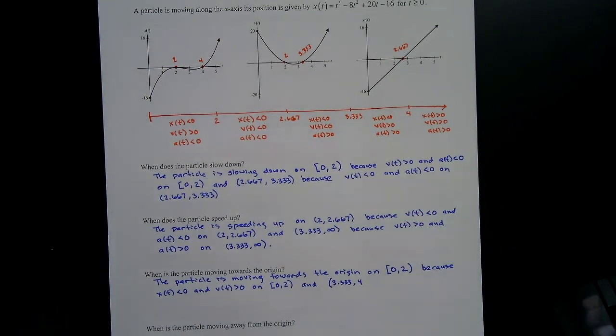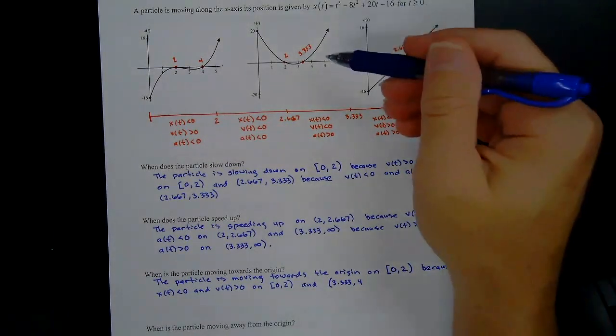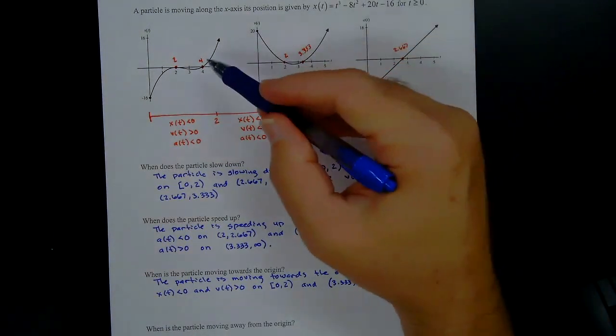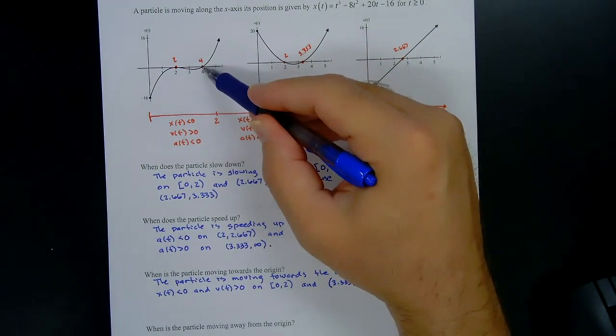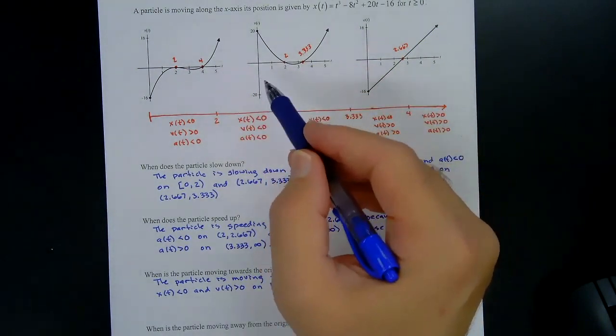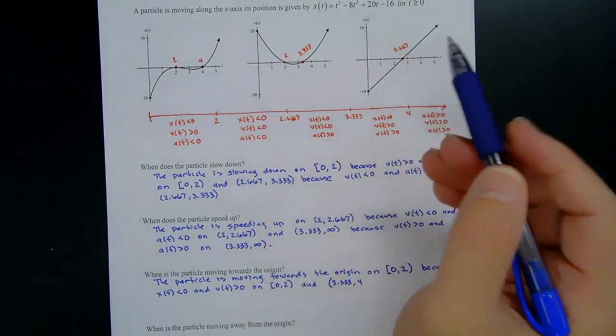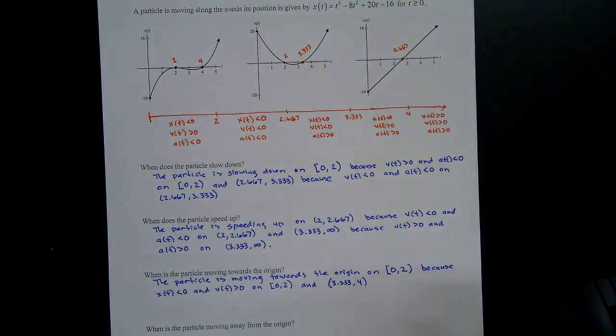How about 4, okay? At 4, the velocity is positive, but the position is 0. We're at the origin. If you're at the origin at 4, you can't be moving towards it, okay? So we're not going to include 4 either, okay?